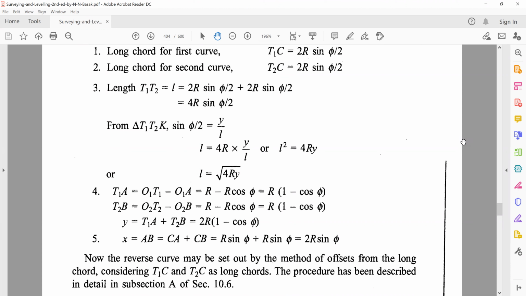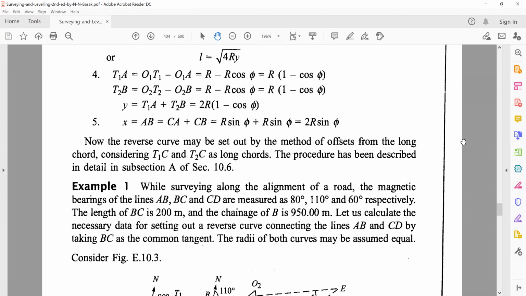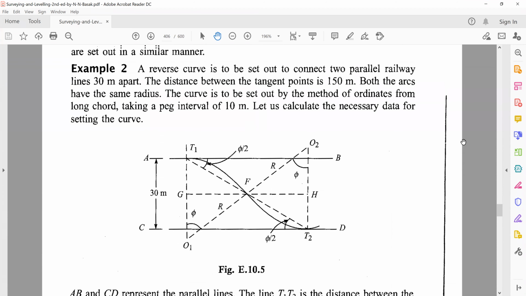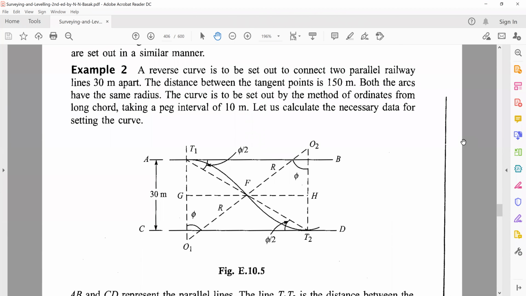And we have used a method which we can apply to another case in which the two radii might not be equal. Now that we've done this, we can quickly glance over the related problem. In this question, we have a reverse curve which is to be set out to connect two parallel railway lines 30 meters apart. Since they have given you that the two lines are 30 meters apart, that becomes your distance y.